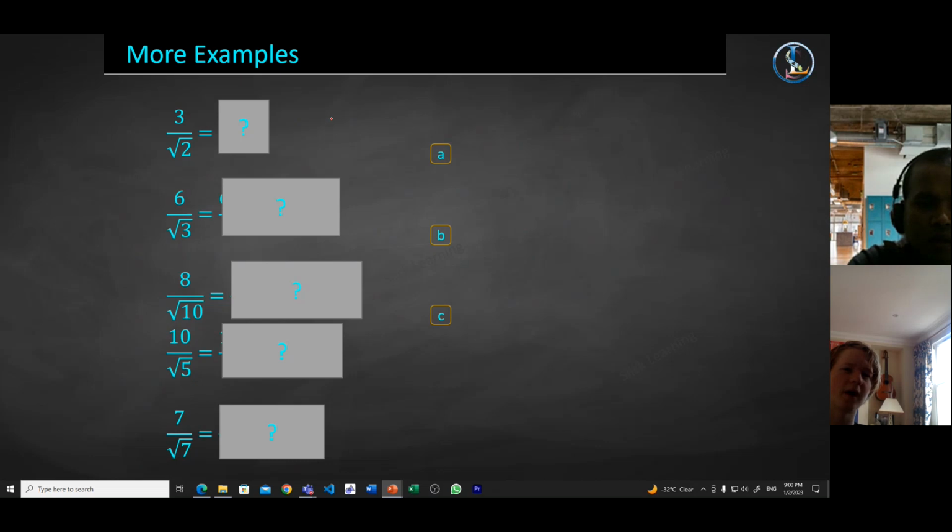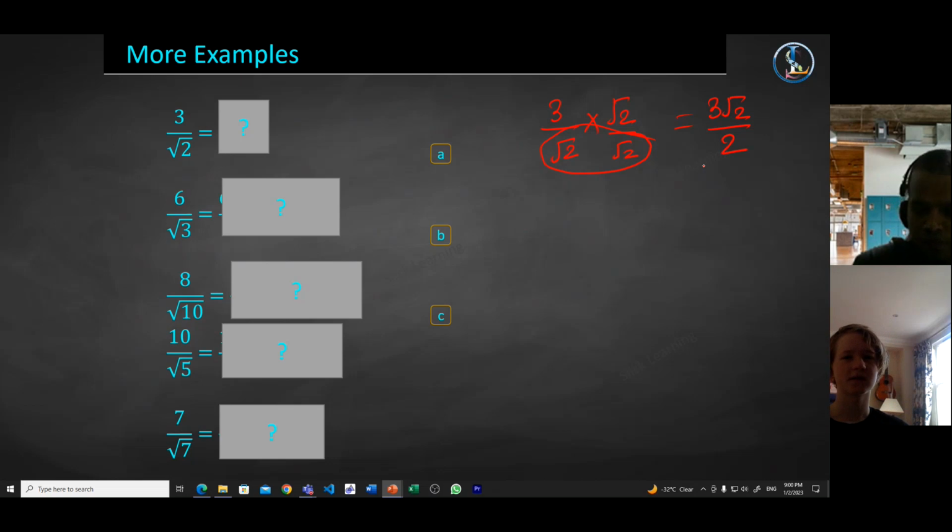Since square root 2 is an irrational number, you multiply by square root 2 over square root 2. So you get 3 square root 2 over 2. This one is in rational form.